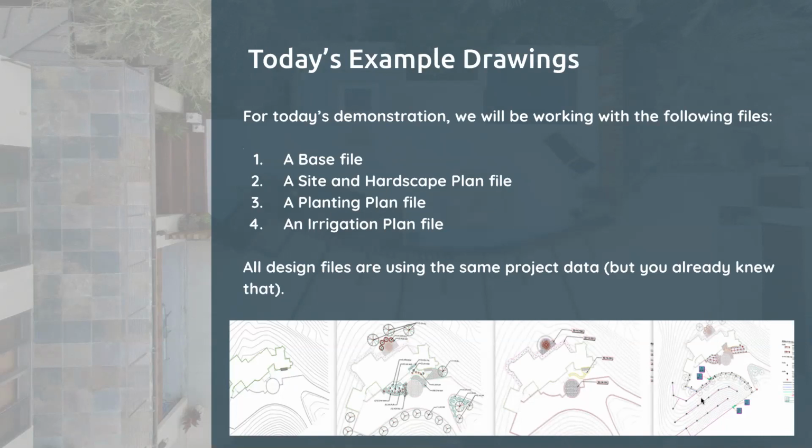I'm just using a basic base file. Then I'm going to be showing a site and hardscape plan, and a planting plan and an irrigation plan file. And you probably already know this, but you're going to be using the same project data for all of these. That's what it's there for.